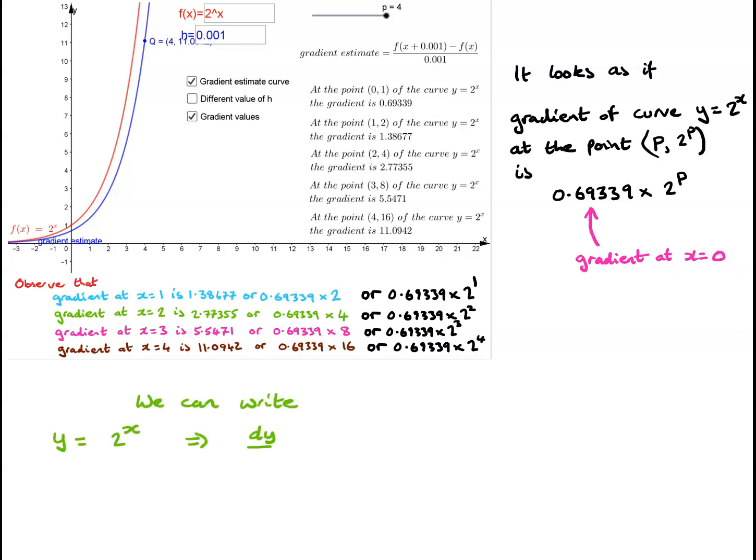So we can write, if y equals 2 to the power x, then dy by dx is 0.69339 times 2 to the x, which is the gradient of the curve at x equals 0 times 2 to the power x.